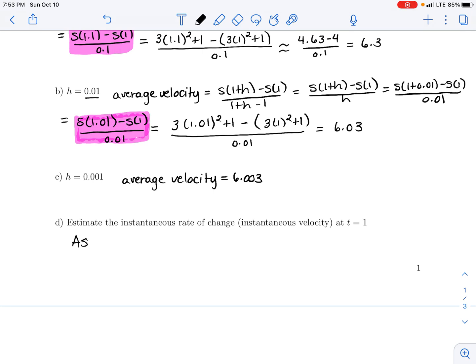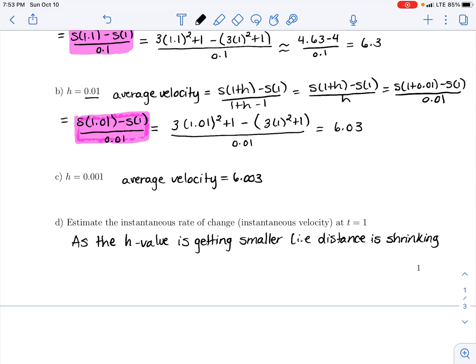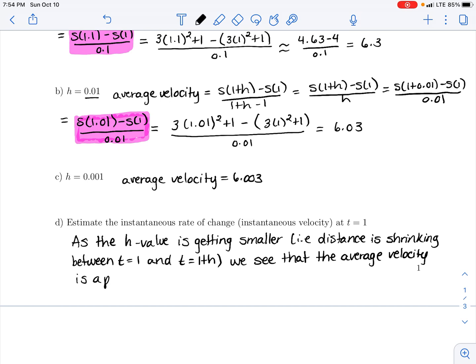All right, so let's write that down. So as the h value is getting smaller, i.e. distance is shrinking between t equals 1 and t equals 1 plus h, we see that the average velocity is approaching 6.